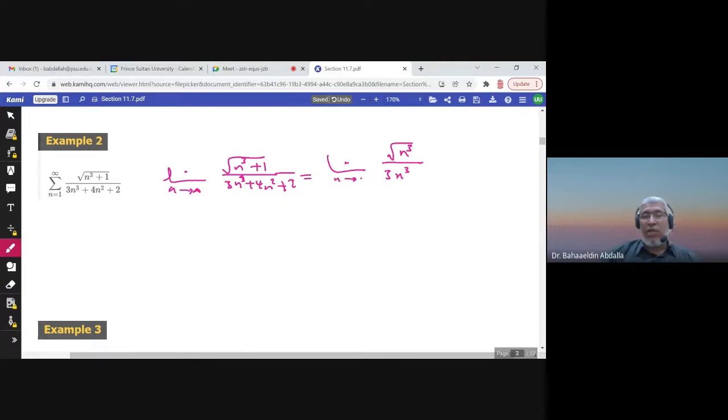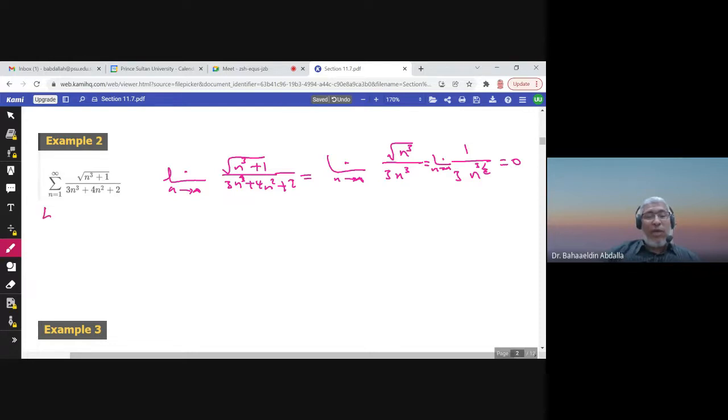As you can see, here 3 over 2, while here 3. So I'll have 1 times n to the power 3 minus 3 over 2, which is 3 over 2. And then the limit would be 0 as n goes to infinity, because 1 over infinity is 0. So the test for divergence doesn't help here.